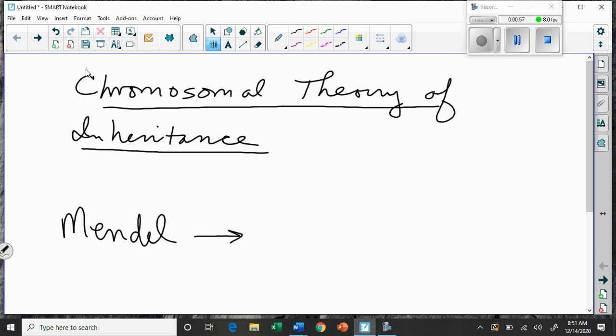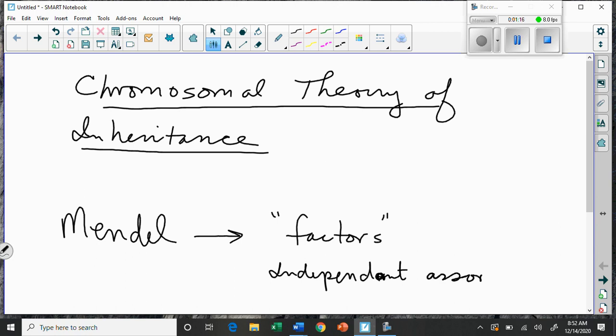So what Mendel said, remember he used the word factors. And of course, he also coined his law of independent assortment, which means he understood that these traits seem to be able to sort themselves out without being connected to each other.